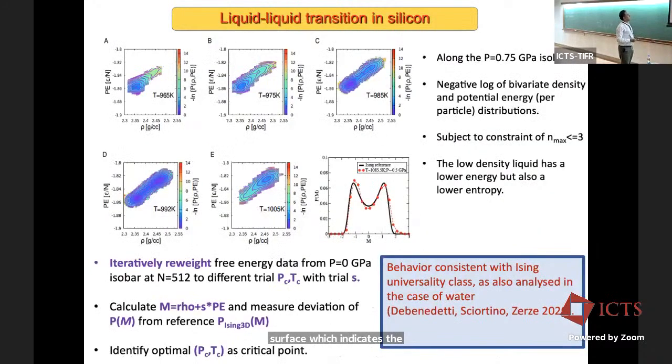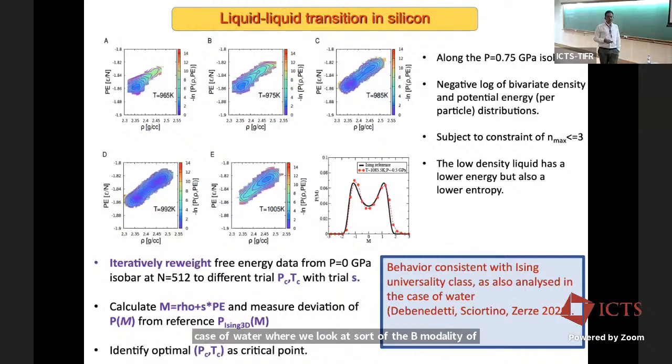Okay, and we've also done the analysis of the kind that I mentioned earlier had been done for the case of water, where we look at the bimodality of distributions in the density-energy plane, and use this to construct an order parameter with respect to which we can look at the distribution function.